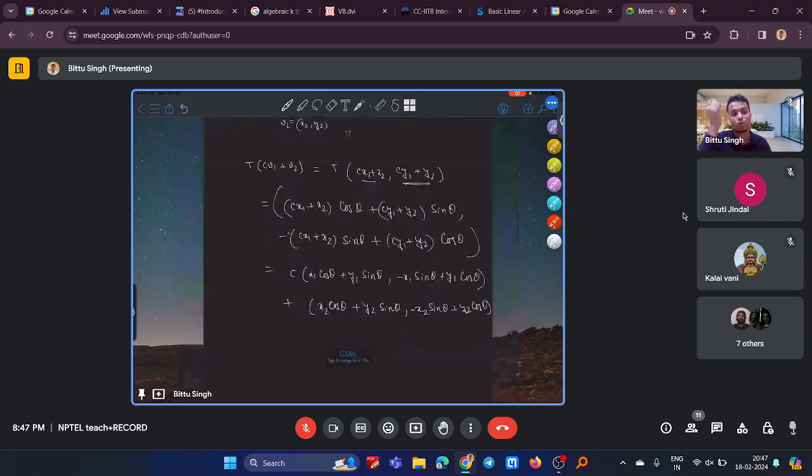Hence, we can say that rotation is a linear transformation. Rotation of a plane is actually a linear transformation.